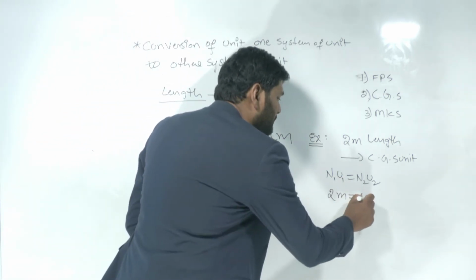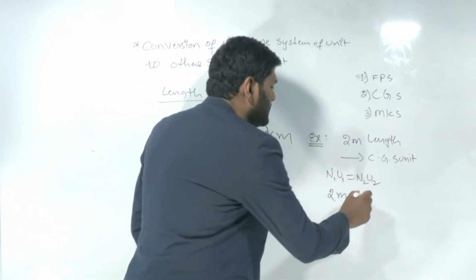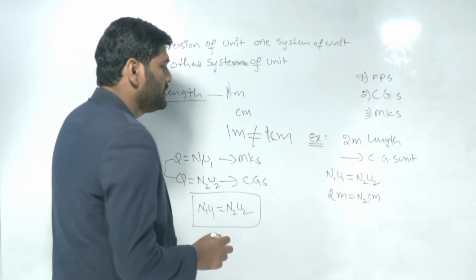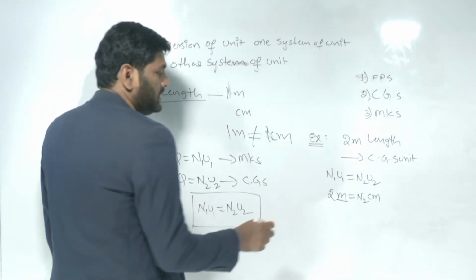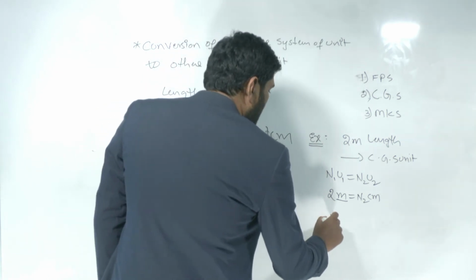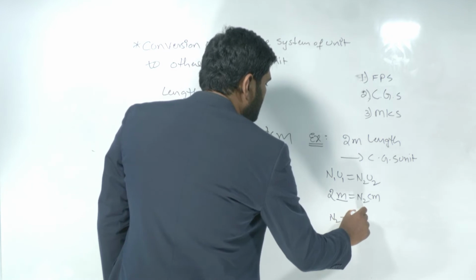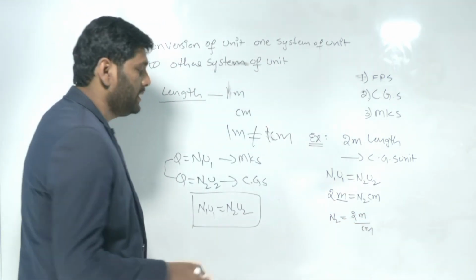So n2, the unit here is centimeter. We are converting into centimeter, right? So finally 1 meter is equal to how many centimeters? So finally n2 is equal to, how do you write? 2 meters by centimeter.